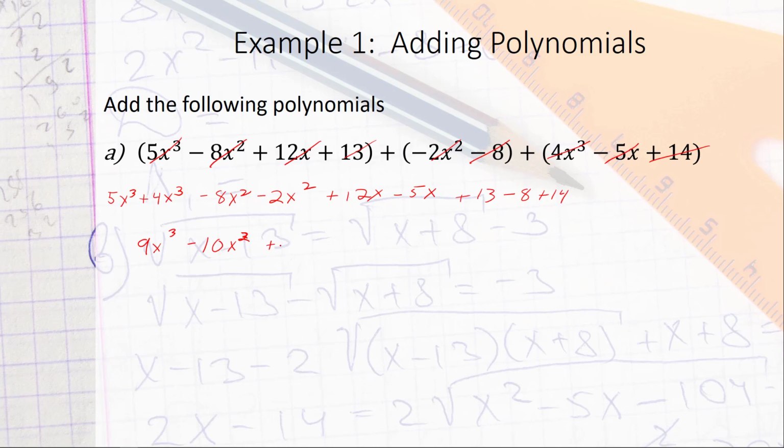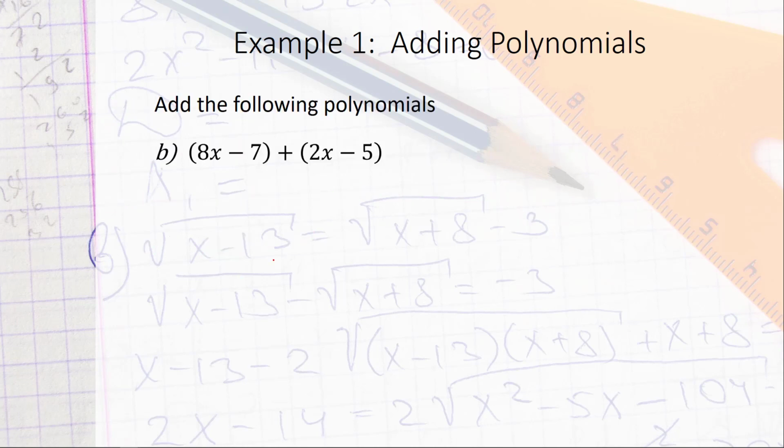That is positive 7x. And here we have 13 minus 8, which is 5, plus 14, which is 19. And that is the sum of those 3 polynomials. And notice how we did this by basically grouping all of the like terms together and then adding them up.